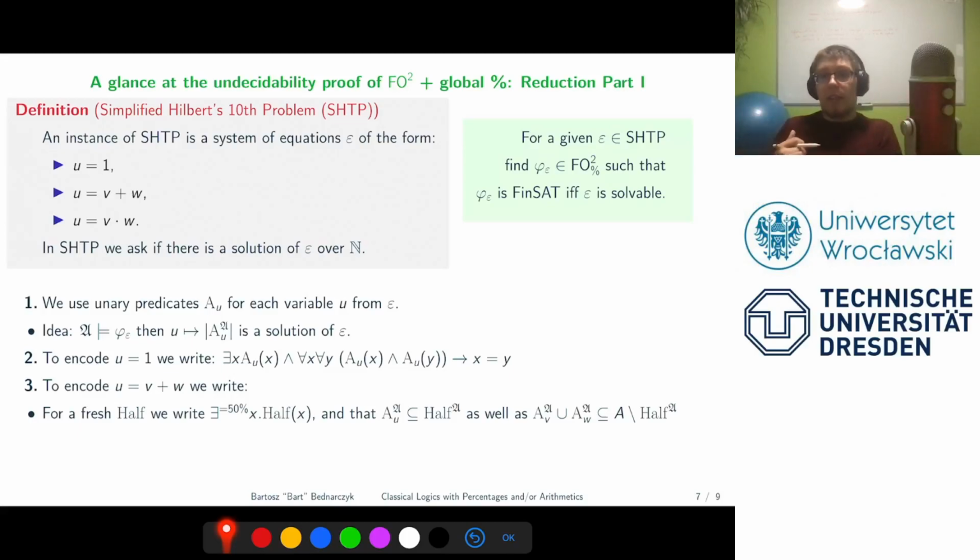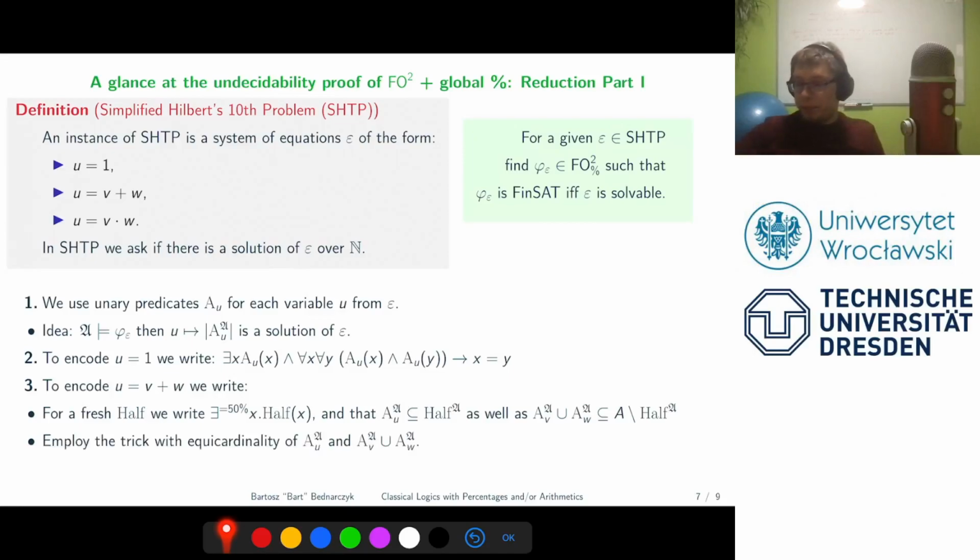Once I have that, I can employ my trick with equicardinality statements to ensure that the total number of elements satisfying AU will be the same as the total number of elements satisfying AV plus AW. Of course, I need to ensure that the elements labeled with different variables are disjoint, because otherwise this trick wouldn't work. Right, so that's it.